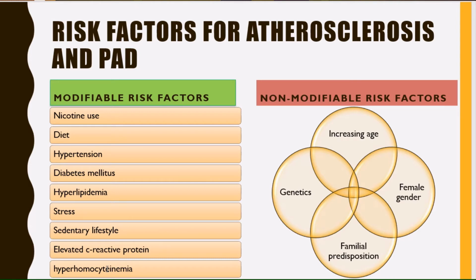Then the diabetes mellitus, again, it can be uncontrolled just like hypertension. So with uncontrolled diabetes, of course, the blood sugars are high, and there is a 2 to 4 fold risk for PAD, with an amputation rate of 5 to 10 times more than in patients without diabetes.